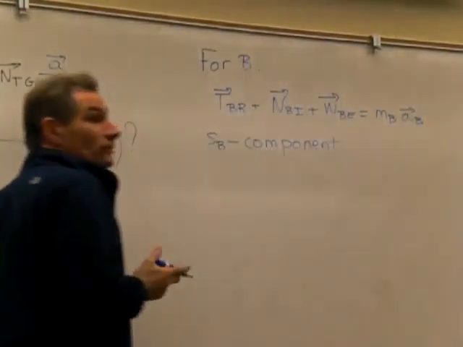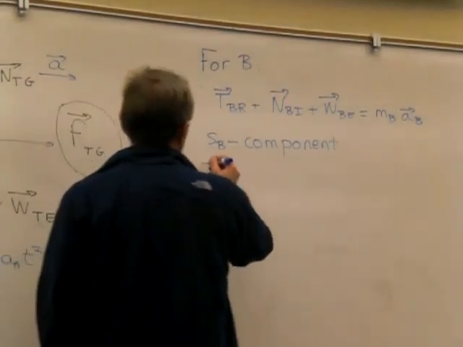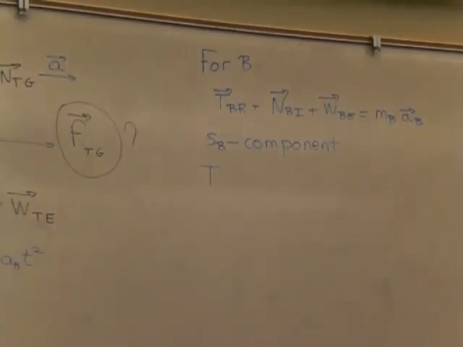So what do I get? Well, the tension is going to be the tension along SB, and positive. So I'm writing the component of that equation along this axis here. Then, what is the component of the normal along the SB axis? 0.